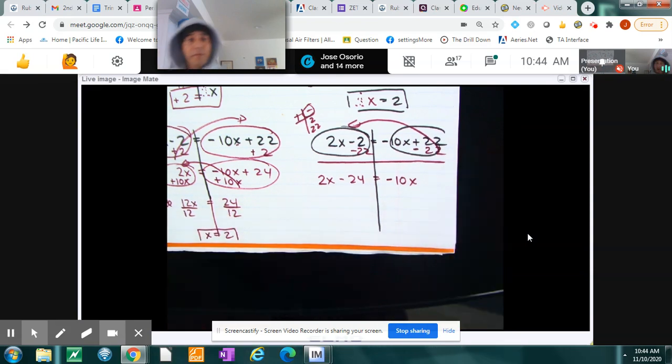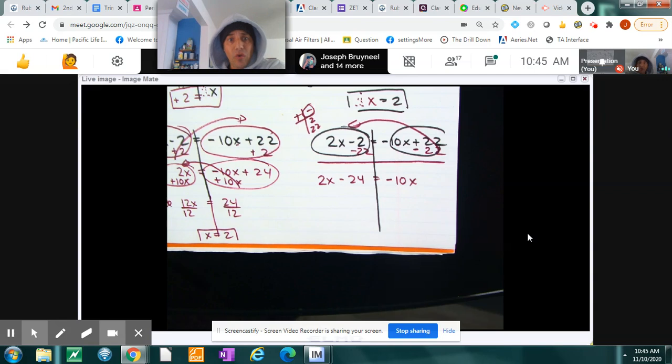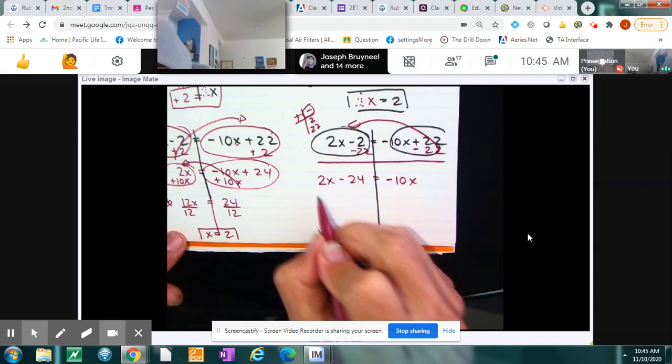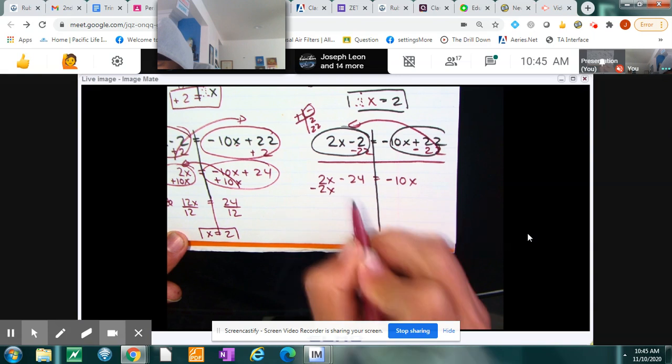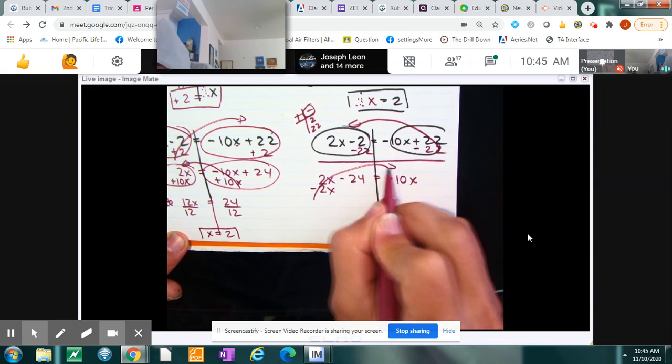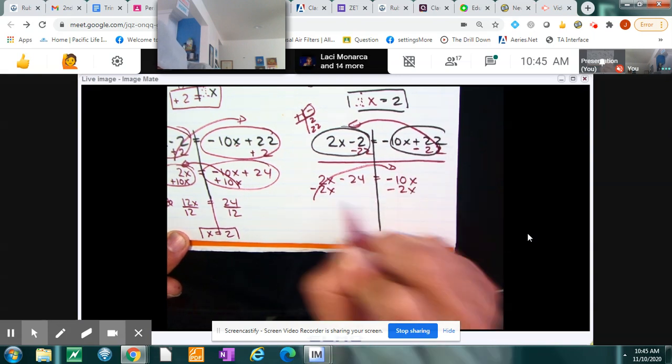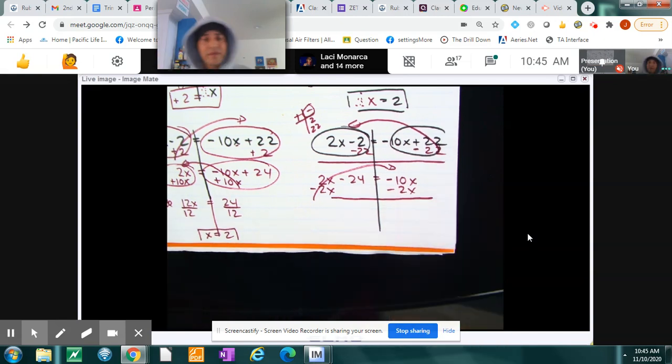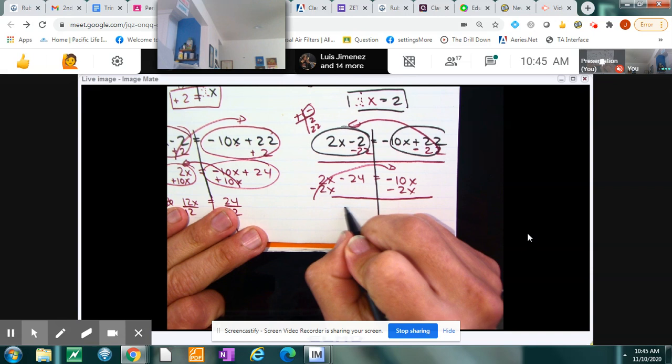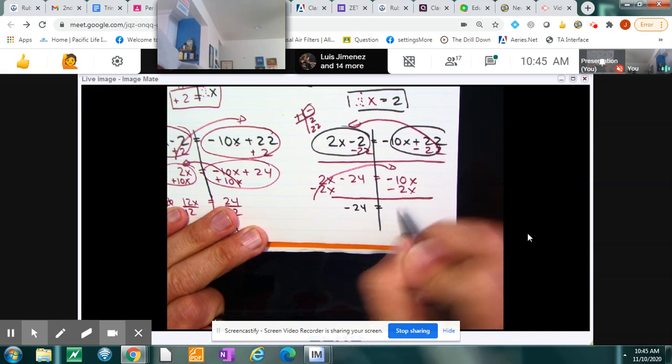Remember, you need all the letters on one side. Don't let it confuse you. So now I need to get rid of the negative 2x. Get it out. Put it on this side. Now we bring down the minus 24 equals, again, t-chart.